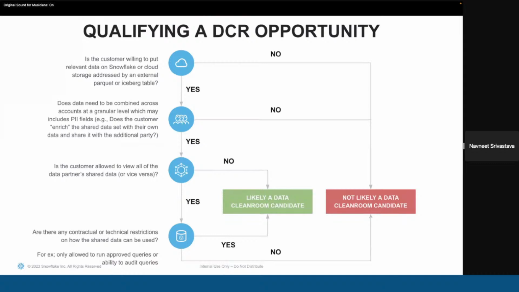How do you identify whether this is going to be a DCR opportunity or a simple data sharing opportunity? It is pretty simple. When two parties have to share and collaborate on their data without physically copying it, data sharing is good enough.